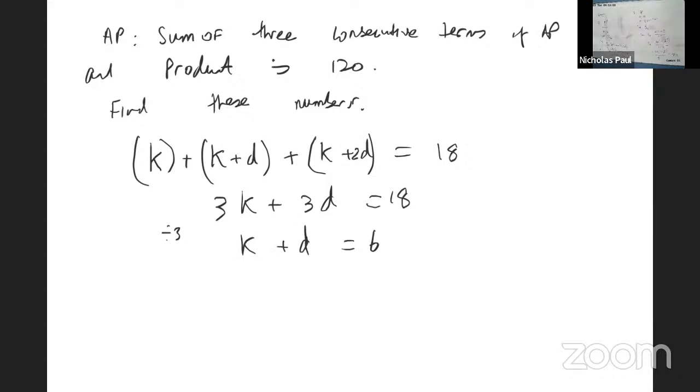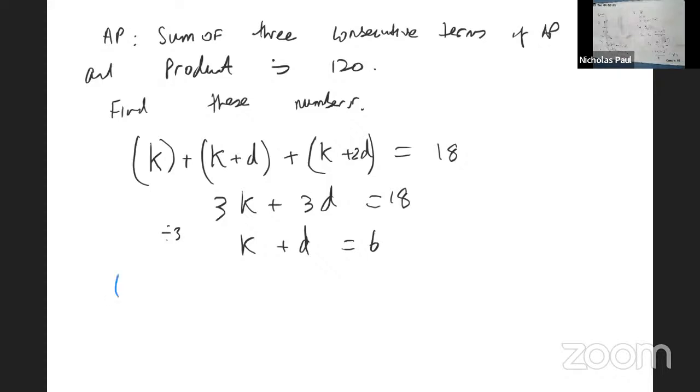Any questions online? What we did so far? So we made up 3 terms. We started with K and we keep adding D because there's a common difference, right? That's okay? And they also said that the product is 120.